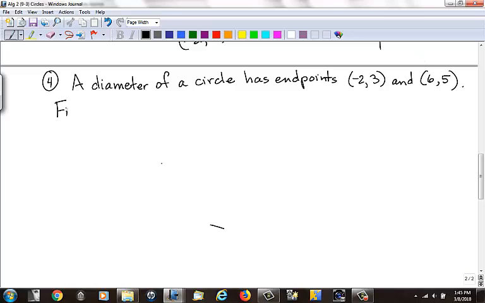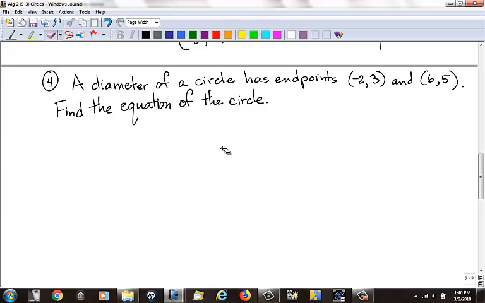Find the equation of the circle. To find an equation of the circle, what two things do you need? The center and the radius. h and k, the center, and the radius.